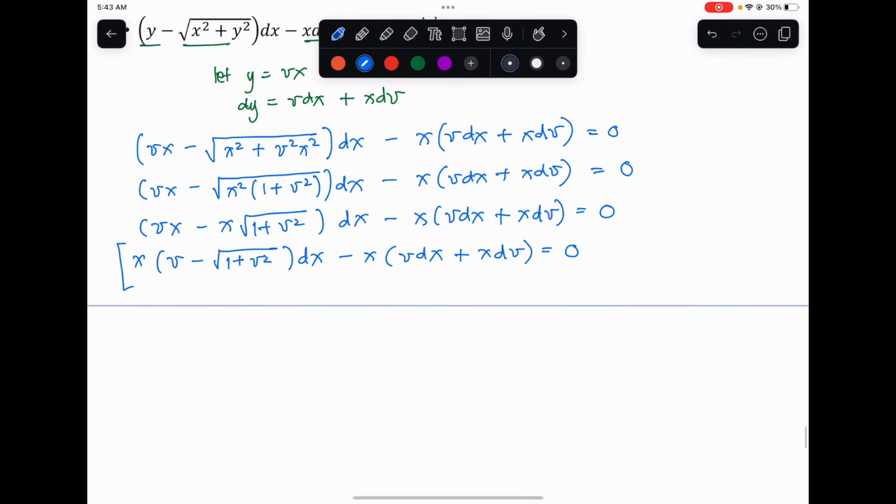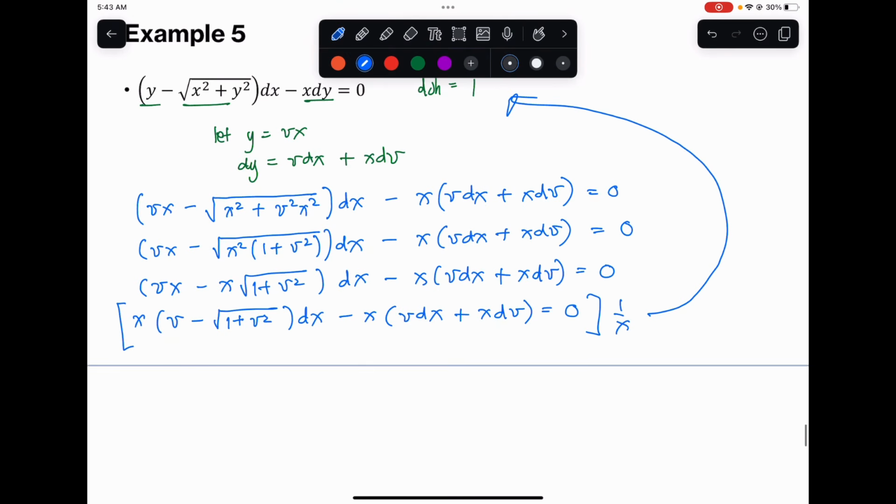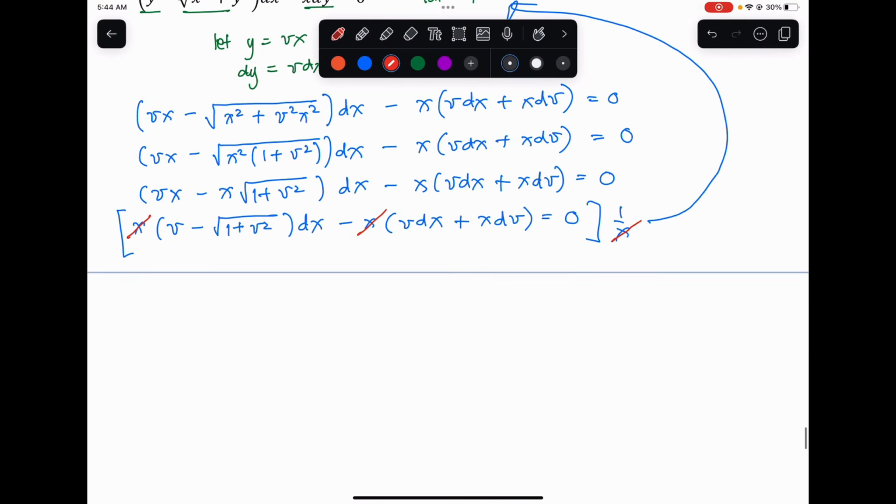This is where the degree of homogeneity enters, so we have 1 over x in relation to the degree of homogeneity of 1. Again, do not distribute unless you are able to cancel out. Otherwise your solution will be complex. It would still be okay, but it will become complex and difficult to follow. So x and x will be cancelled out. Then this is the time that we distribute.